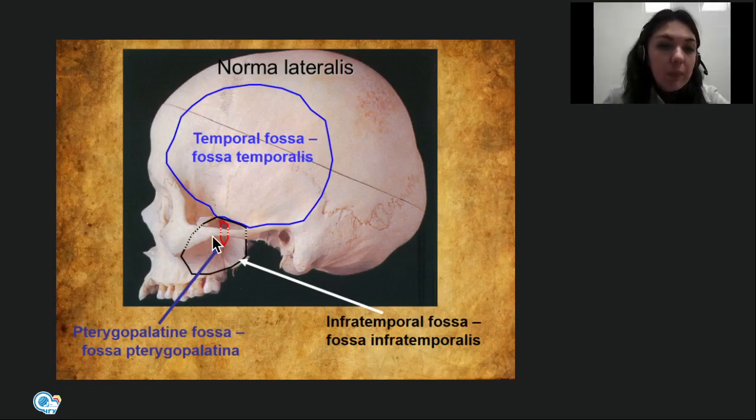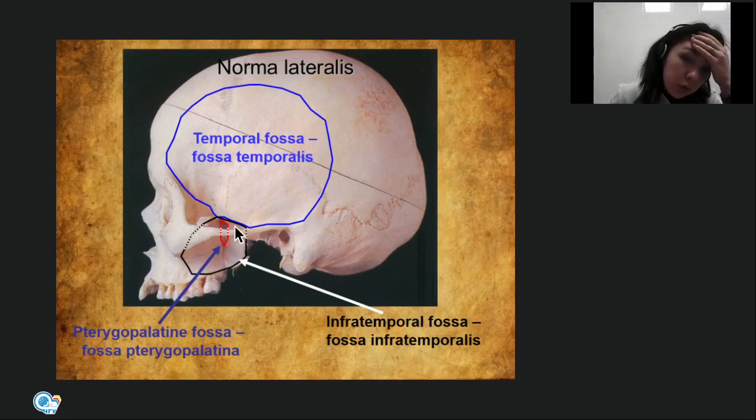Infratemporal fossa has two communications. Through the inferior orbital fissure, it communicates with the orbit. And through the pterygomaxillary fissure, which is between the pterygoid process of the sphenoid bone and the maxilla anteriorly, it communicates with the pterygopalatine fossa. Pterygopalatine fossa, here it is lined with red.